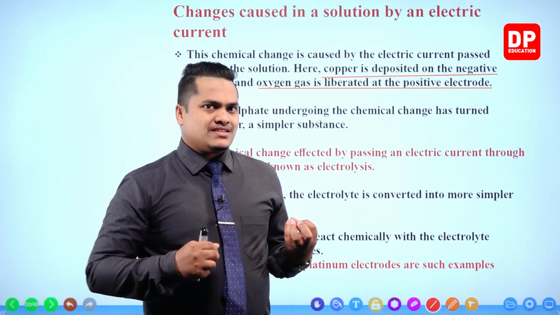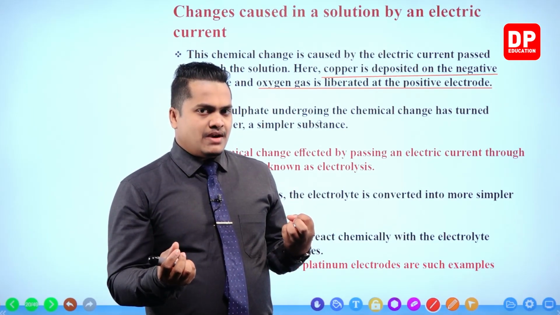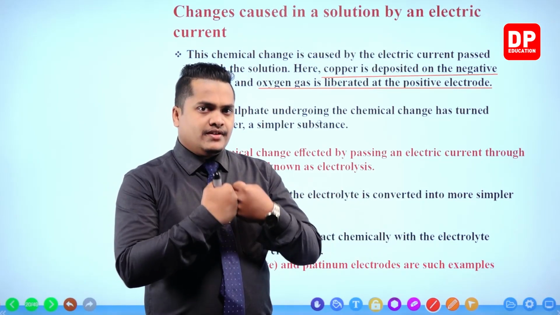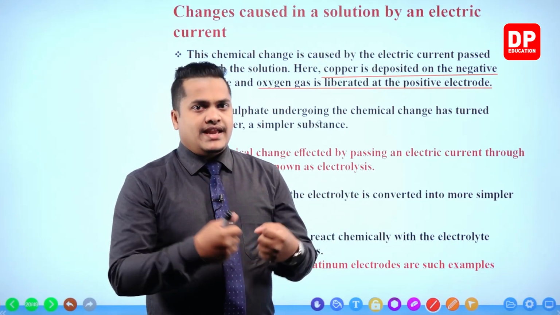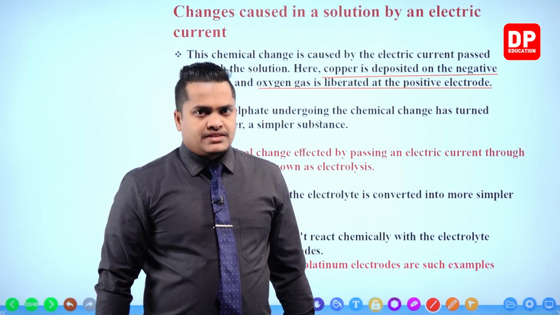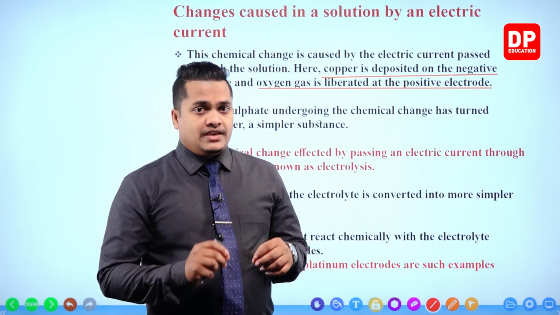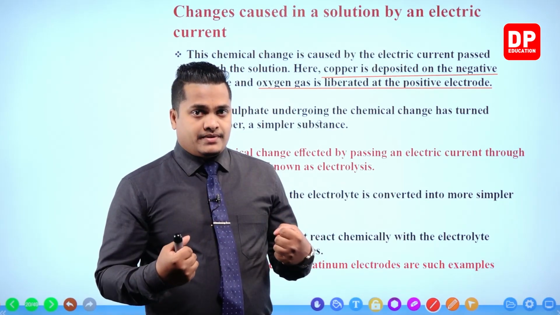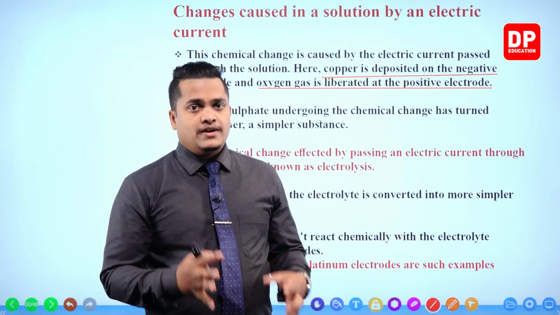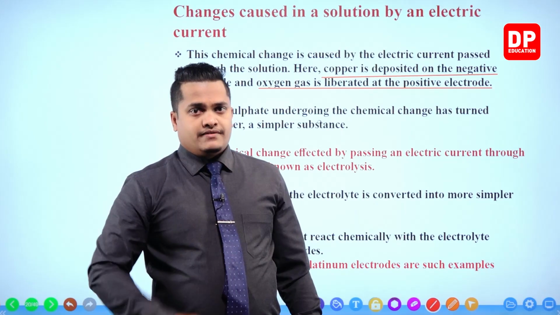Copper has a plus charge, sulfate has a minus charge. Together, they bond to create the copper sulfate substance. Once again, when we are making a solution, these two get separated within the solution, however, we can observe copper sulfate solution.